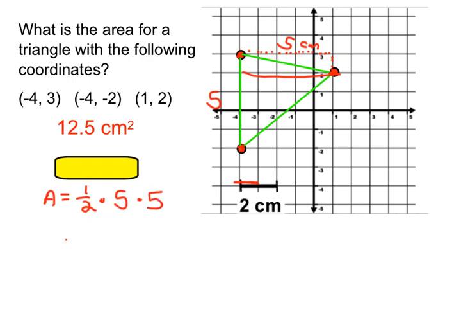Okay? And if we multiply 1/2 of 5, we will get 2.5 times 5. And then, of course, if we multiply 2 and 5/10 times 5, we can come over here and actually do that math if we can't do it in our head.